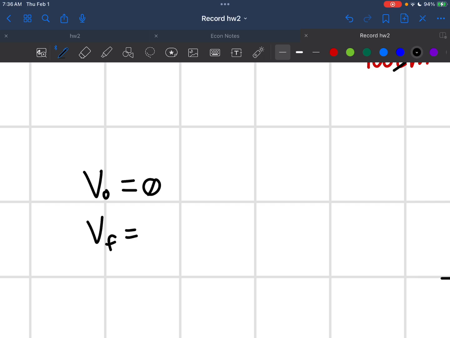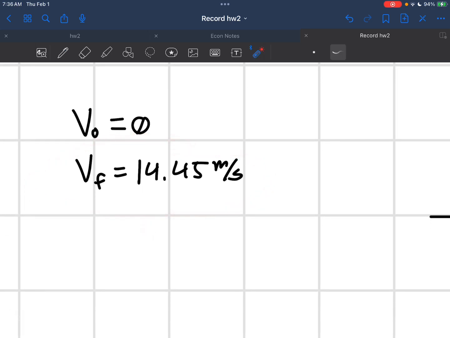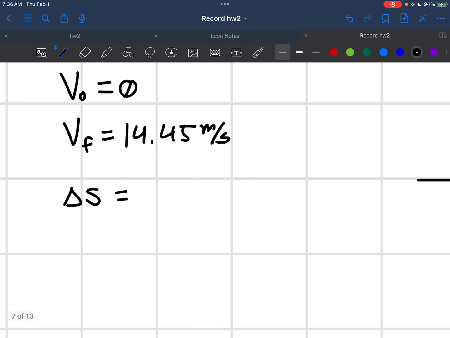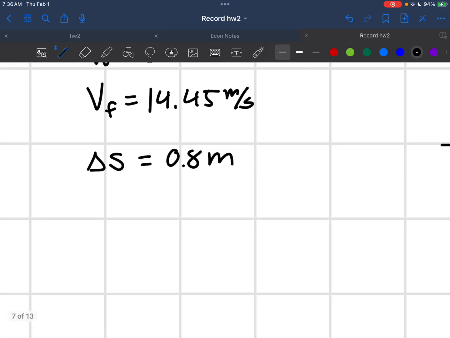My final velocity will be that 14.45 meters per second, because whatever I end up with here is what I'm going to start the next chunk of the problem with. And I know that my change in position, I'll call it S, right? That's my 0.8 meters.